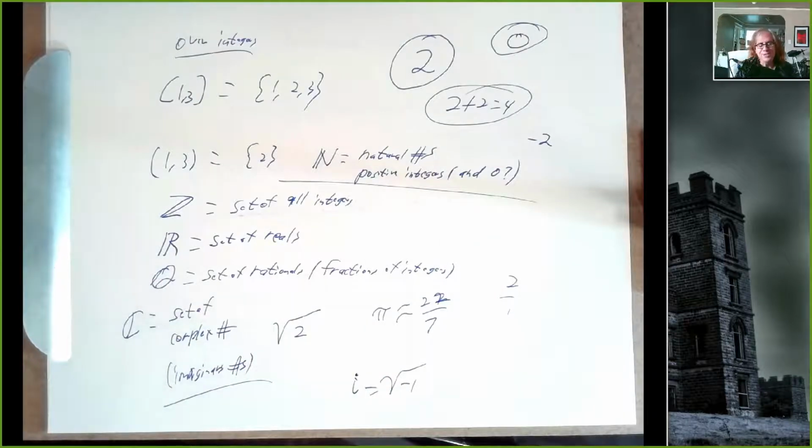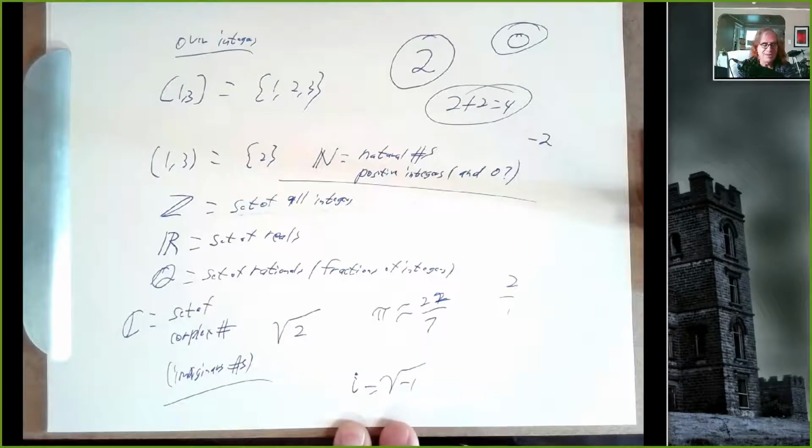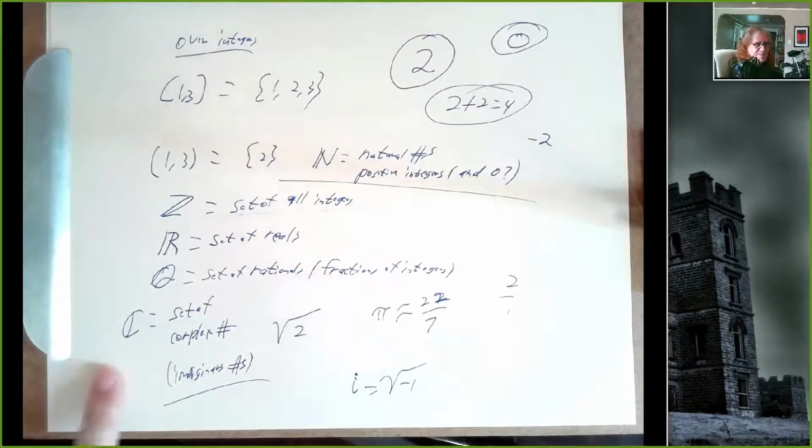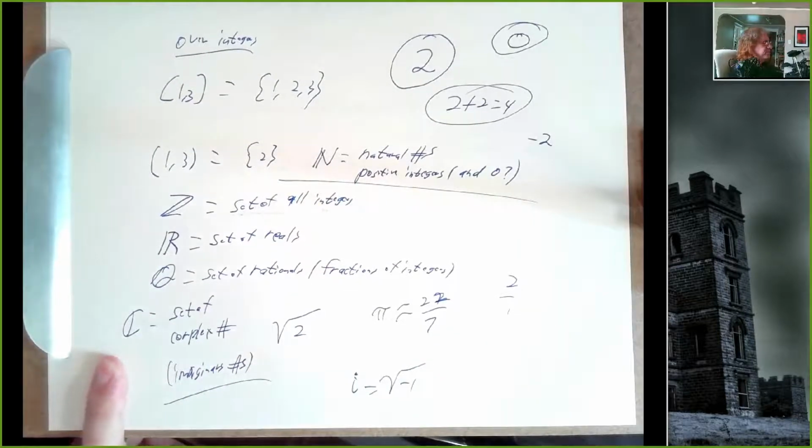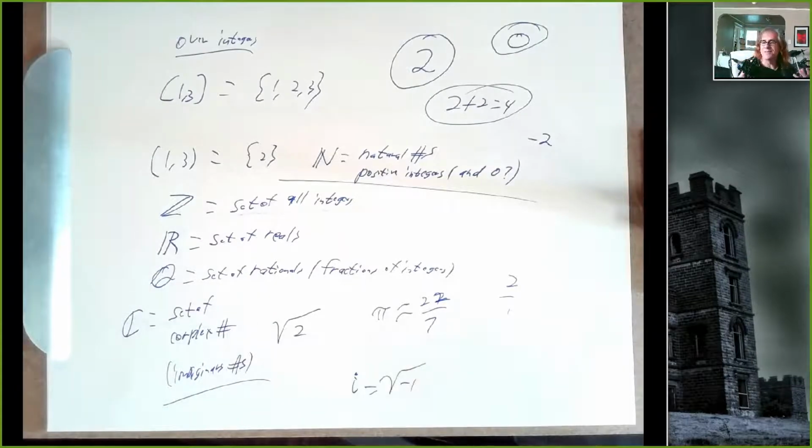Well, it's a different kind of number, but in some sense it's as non-imaginary as pi or the square root of 2 or 2. So if you take the reals and you throw in these imaginary numbers that include the square root of -1, then you get the set of complex numbers, that's the symbol C. That's as far as we have to go, because in some very well-defined mathematical sense, C is as big as you have to get to cover every possible number.